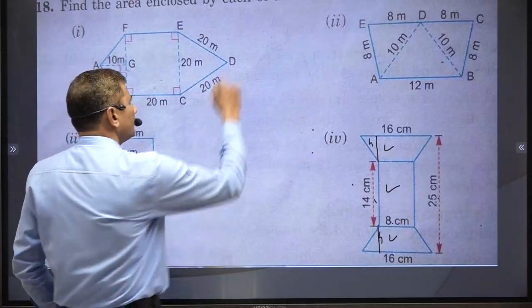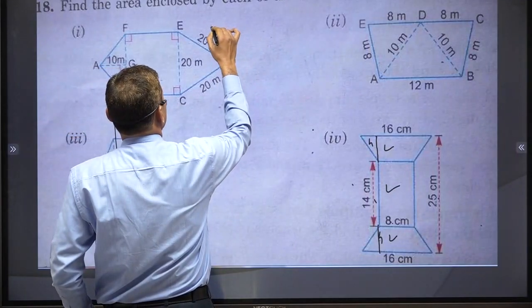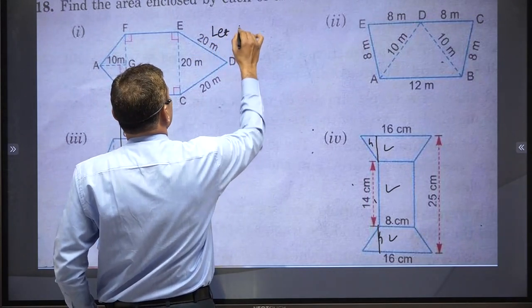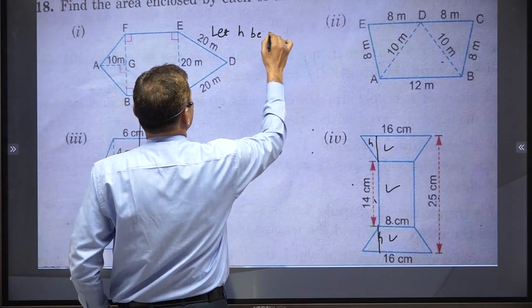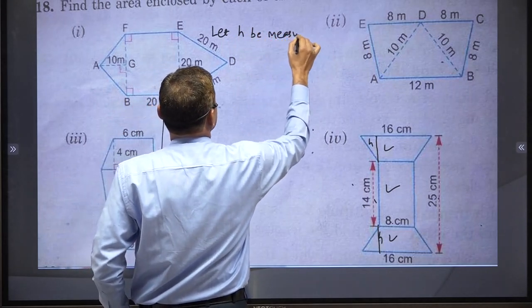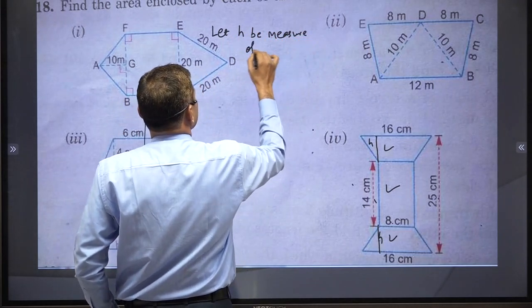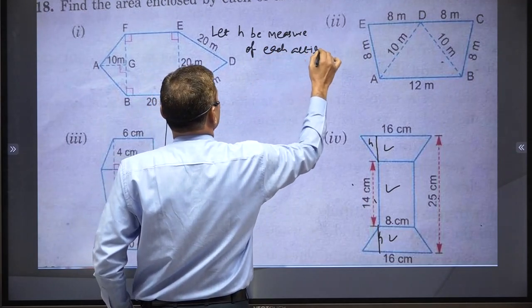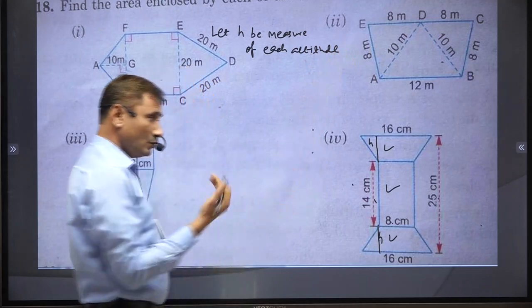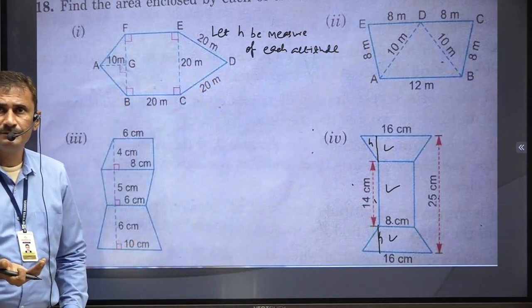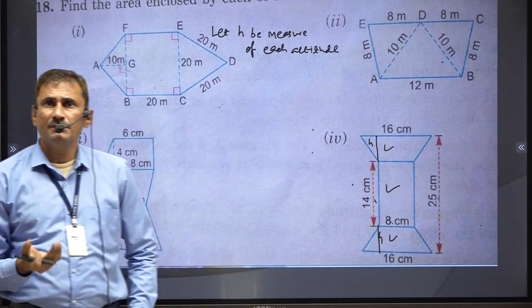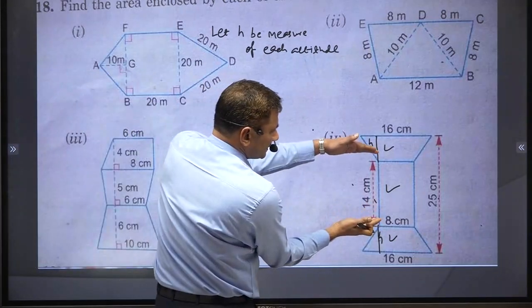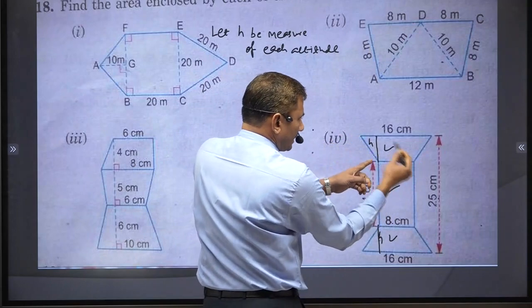First of all, let h be the measure of altitude. It is not a name, it's a measure. Let h be the measure of each altitude in both trapeziums. Now up to this it is 14, and now it is h.